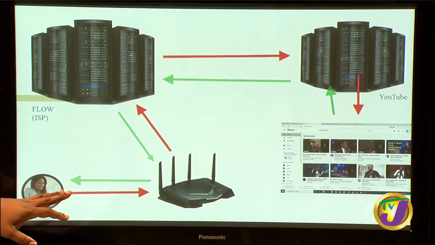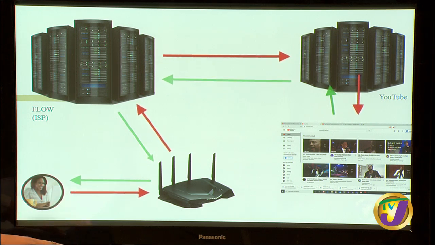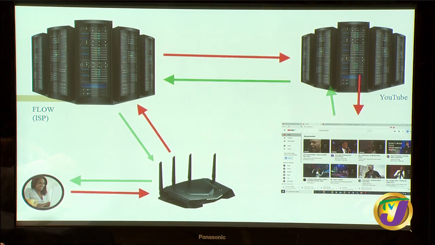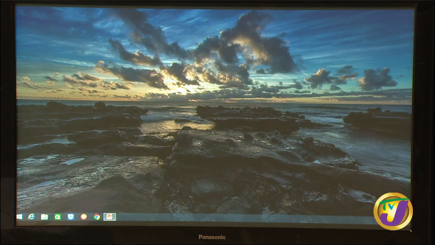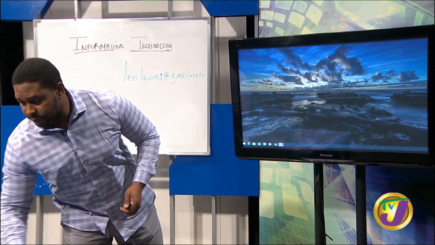But your Wi-Fi is not the only way you can connect to your router. You can connect via an Ethernet port or an Ethernet cable. And this Ethernet cable is a part of what we call the twisted pair family. That twisted pair is basically wires that are connected at both ends, and you plug them into your computer as well as your router. And that connection facilitates you connecting to the internet generally.